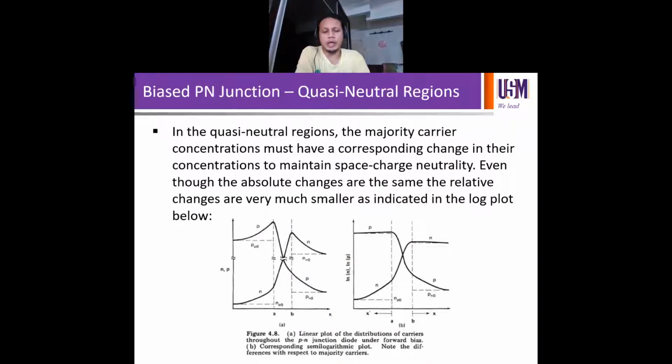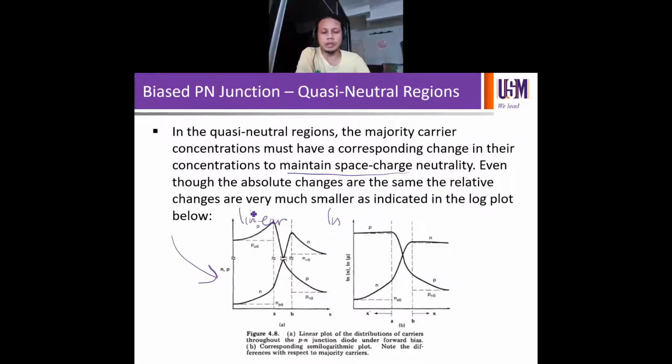So now we are in the quasi-neutral region. If you look at that statement, new slide. In the quasi-neutral region, the majority carrier concentration must have a corresponding change in concentration in order to maintain space charge neutrality. This is the key point. If you look at the diagram below, the left hand side and the right hand side are actually the same curve, but the left hand side is linear, and the right hand side is semi-log, right?